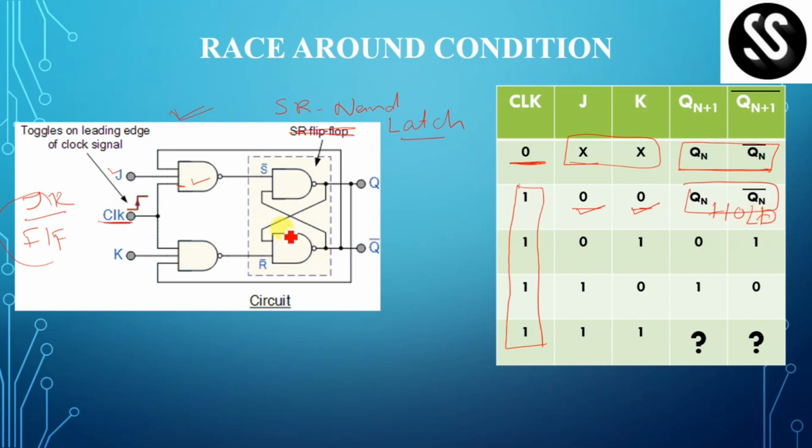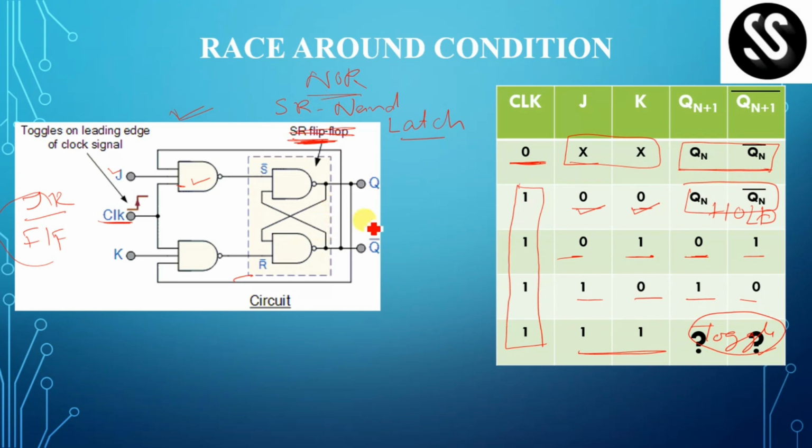But when J is 0 and K is 1, Q becomes 0 and Q complement is 1. And for 1 0, it again becomes 1 0. But for J and K both 1, it should toggle. It should toggle when this SR latch is made up of NOR gates.